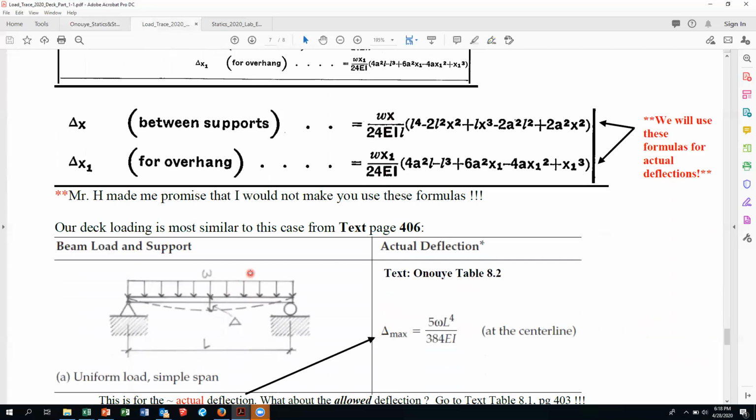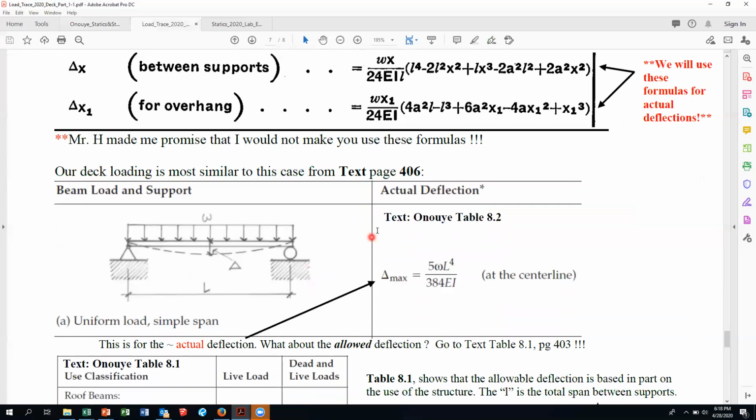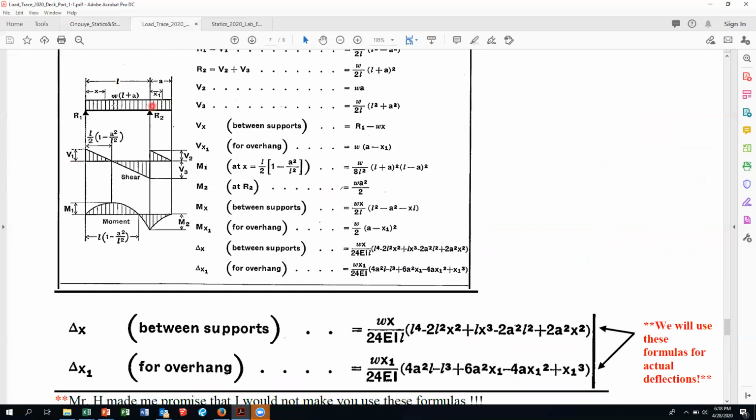So we'll go back to the deck loading. That's most similar to our case from the text, makes it a little bit easy. So from the text, this is table 8.2. So I've grabbed this. This is a uniform load, simple span, and we're basically going to say, hey, let's analyze it right here.